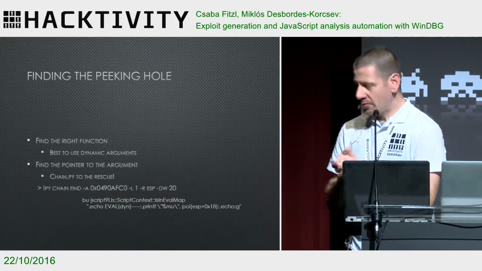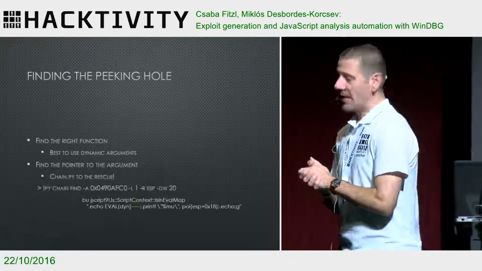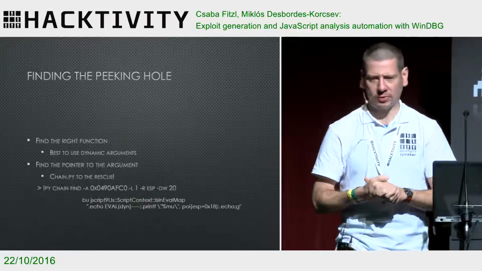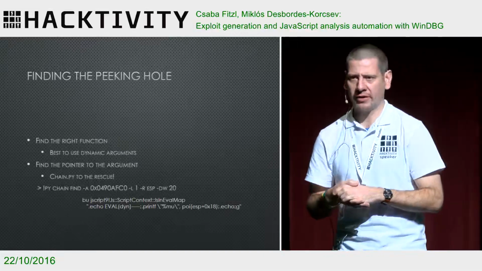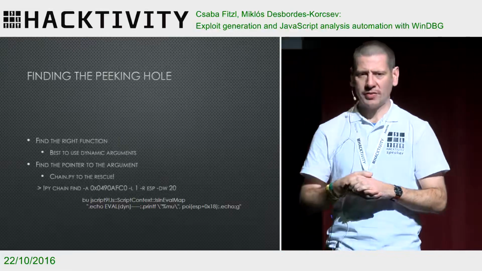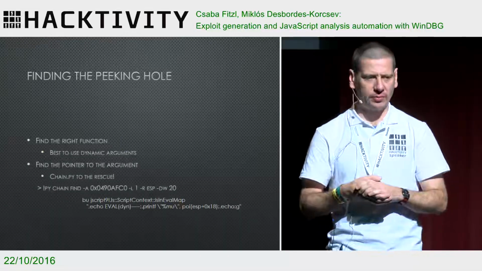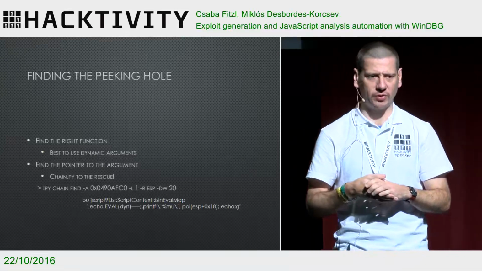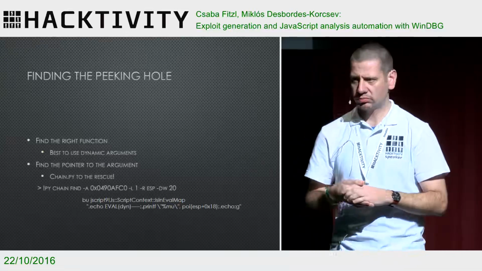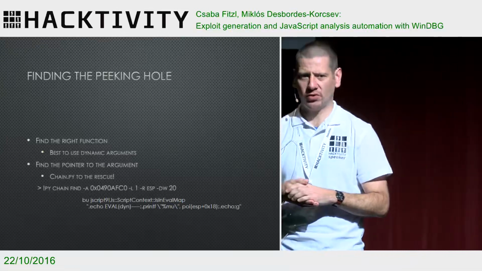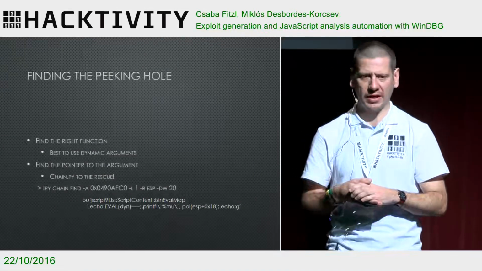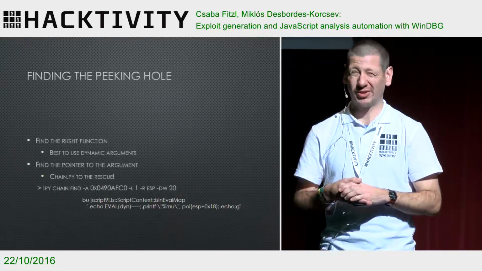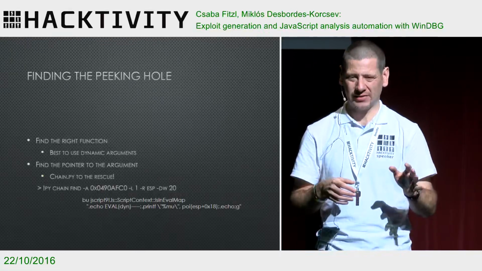The big challenge is trying to find the right function to look into. Luckily, all the major browsers make their symbolic debugging information available. That is valid for all the different IE versions and also for Chrome. Just a word of caution, if you're trying to do Chrome debugging, the debug symbols for Chrome for each version are around 1.2 gigabytes.